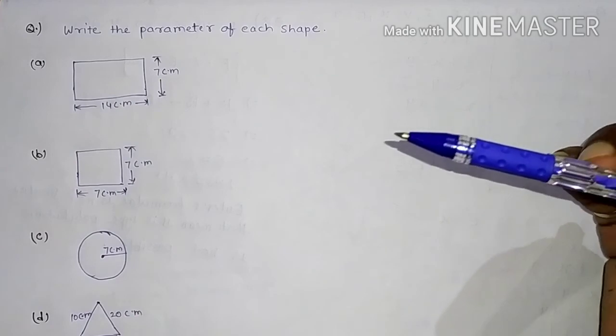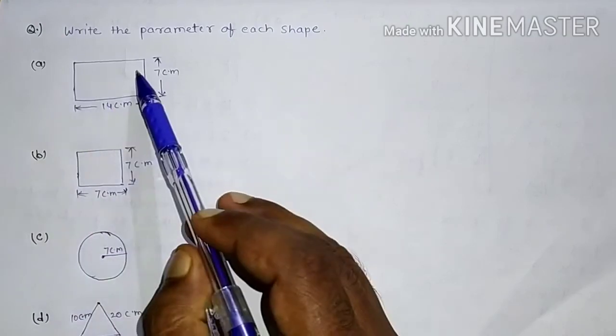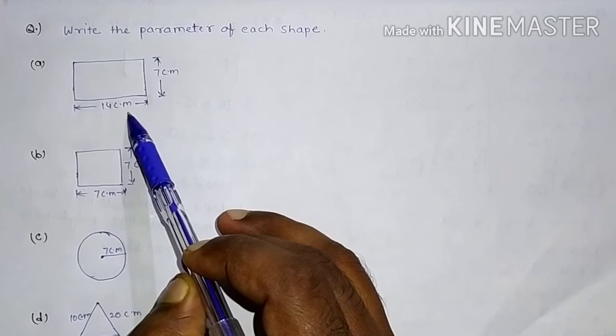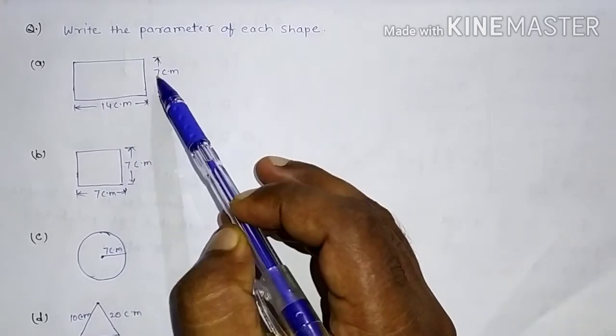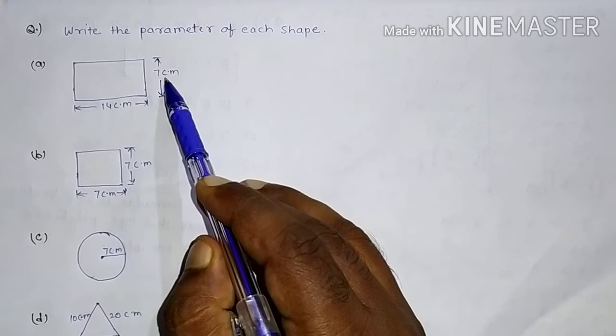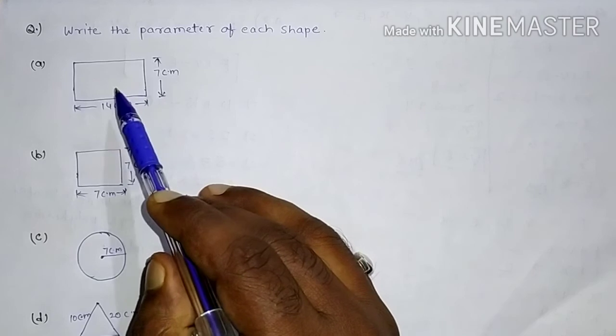Now let's do some questions. Now question number A. This rectangle is given where length is 14 centimeter and breadth is 7 centimeter, which is given here. We have to find the perimeter of this rectangle.